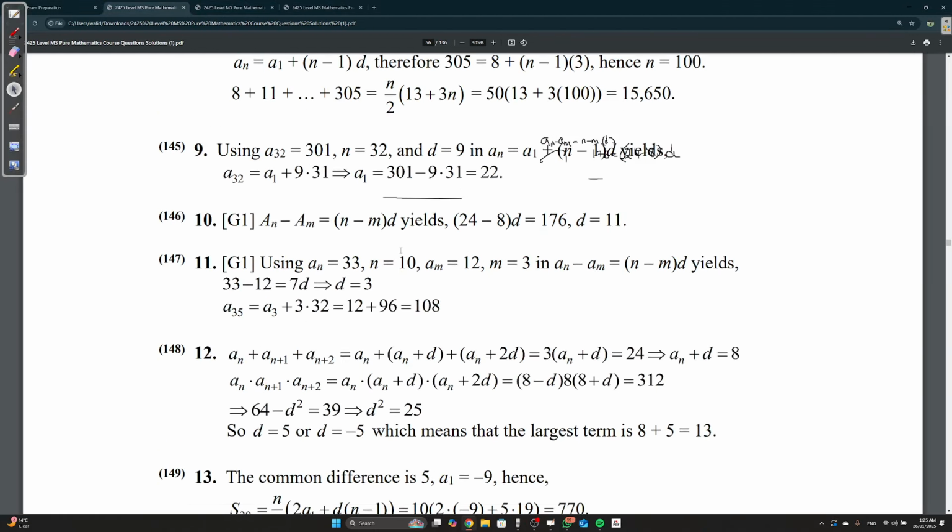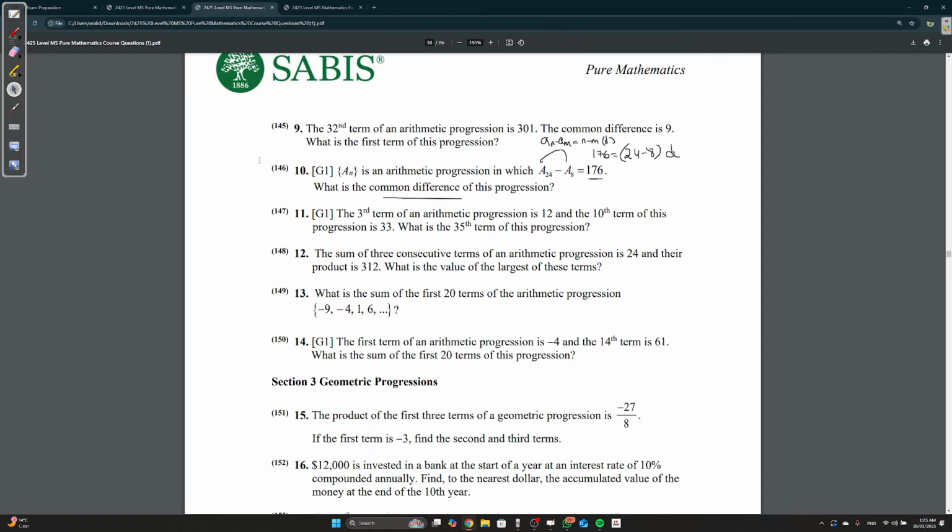Let's check. 10, 11. The third term of an arithmetic progression is 12, and the 10th term is 33. What's the 35th term? These questions are all from the quiz, so I'm going to go through it fast because we've had these before. So a3 is 12, a10 is 33. We want a35. First you need to find the difference.